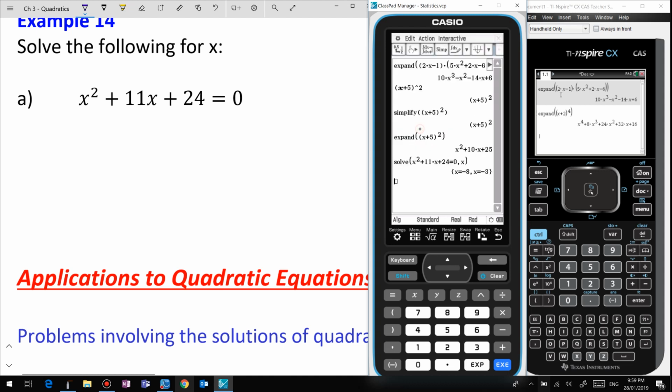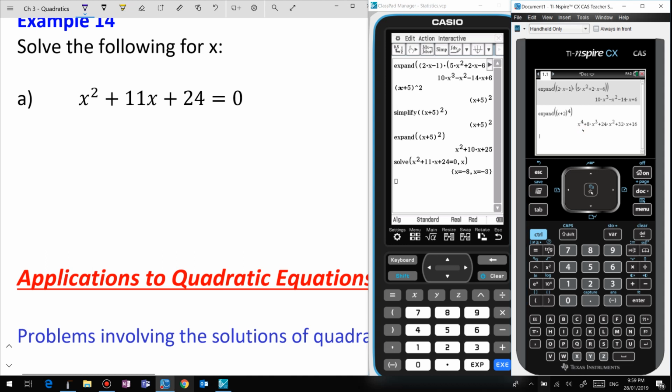It says variable x, you click OK, so x is negative 8 and negative 3. On this one, menu 3, 1 is solve, and then we go x squared plus 11x plus 24 equals 0, and then we're going to do comma x because we're solving for x. Hit enter. x equals negative 8 or negative 3.